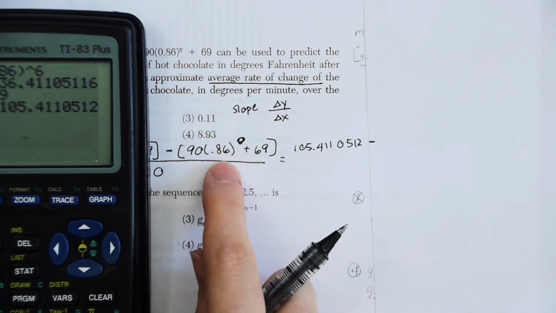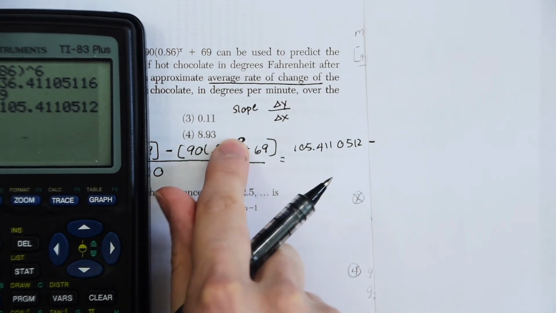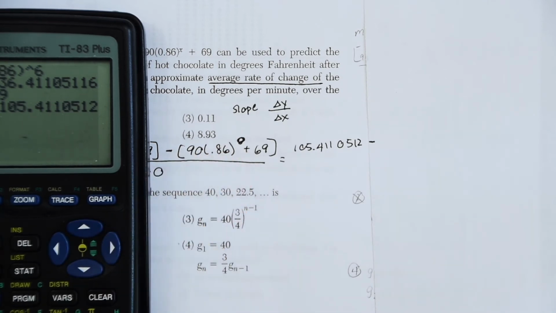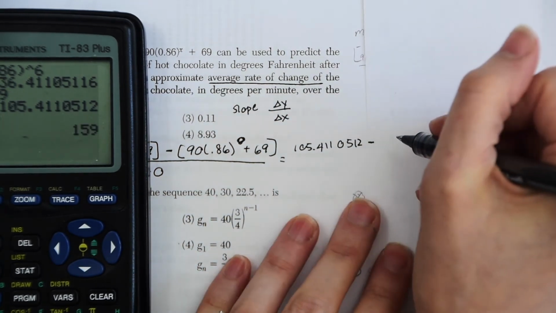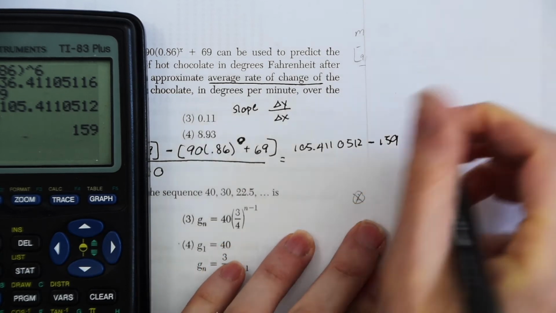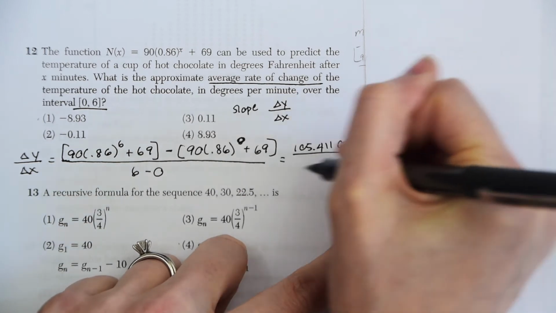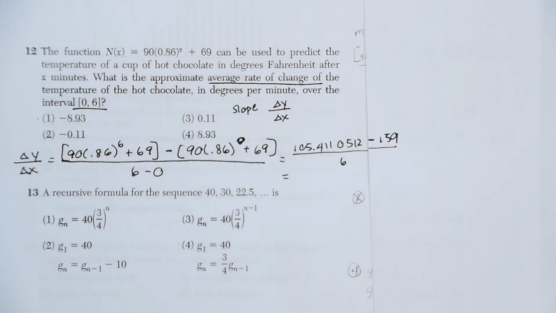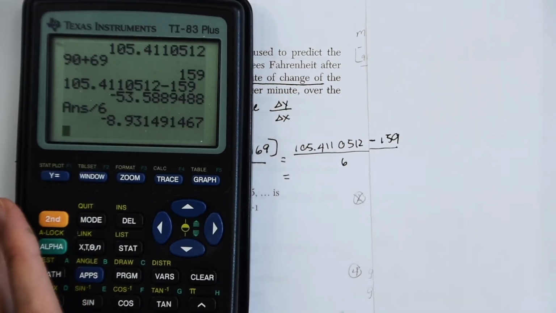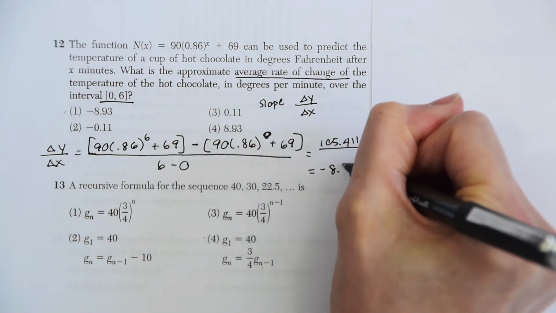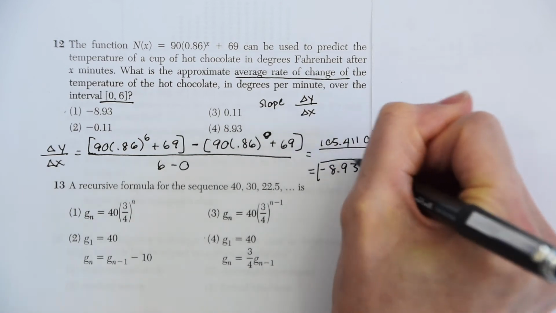So this we could figure out more easily, right? Because 0.86 anything raised to the 0 power is 1. So we get 1 times 90 plus 69. So we'll just get really 90 plus 69, which is 159. And then this is all over 6 minus 0, which is 6. So when we plug this into our calculator, we're going to get minus 8.993, and that's our answer.